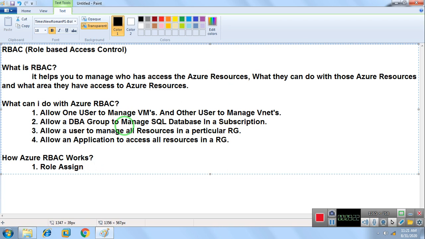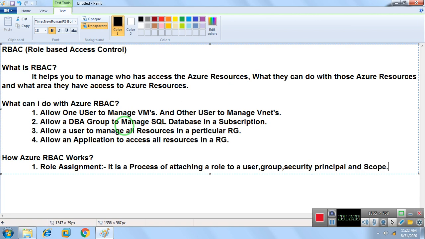Role assignment is a process of attaching a role to a user, group, security principal, and managed identity. What is a security principal, what is a managed identity? You know something about users and groups already.